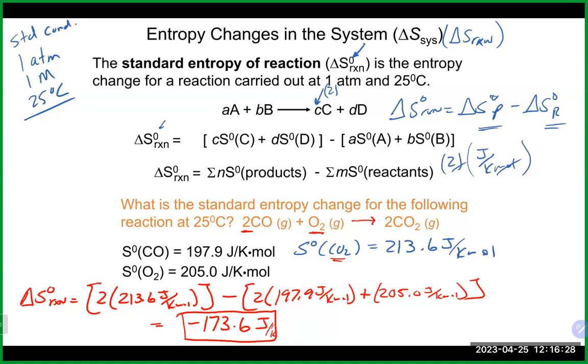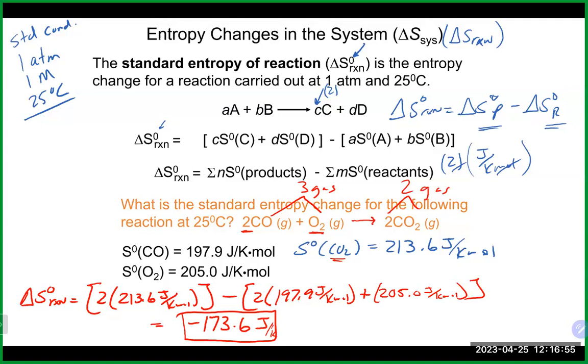One of the things you could do in a calculation like this is make that prediction by looking solely at the equation itself. In this particular equation, we are starting with a grand total of 3 gas molecules flying around. We are ending with only 2 gas molecules flying around.